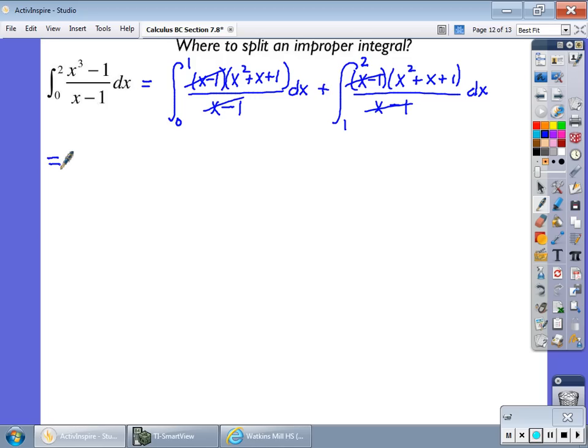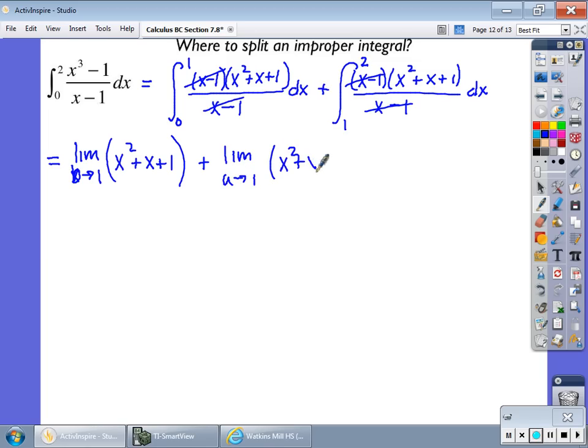Now there's still a hole there, so we're going to take the limit as x, in this case b, approaches 1 of x squared plus x plus 1. We're going to add to that, not integral, the limit as a approaches 1 of x squared plus x plus 1.